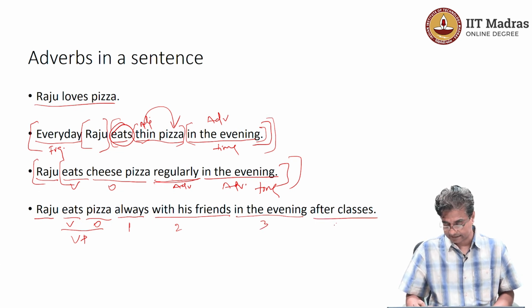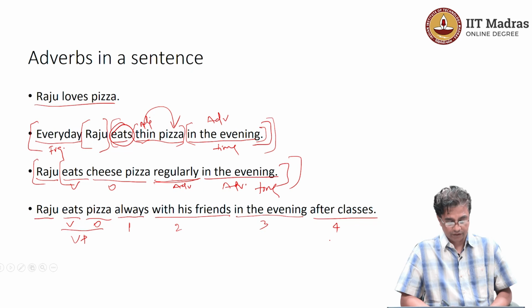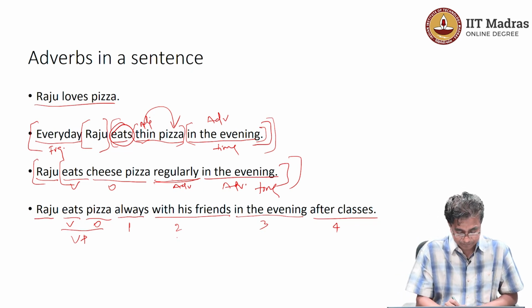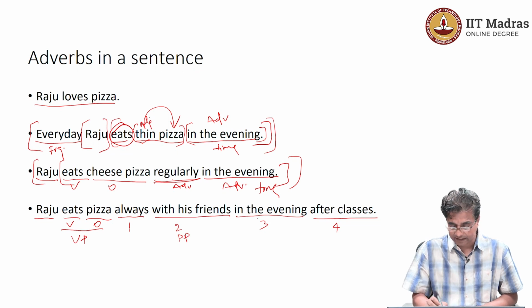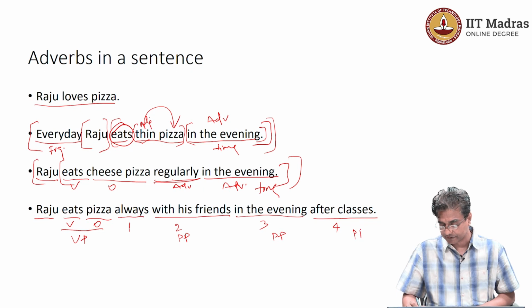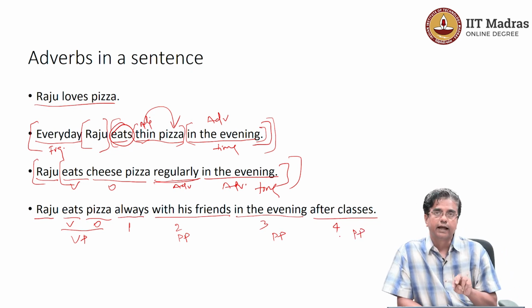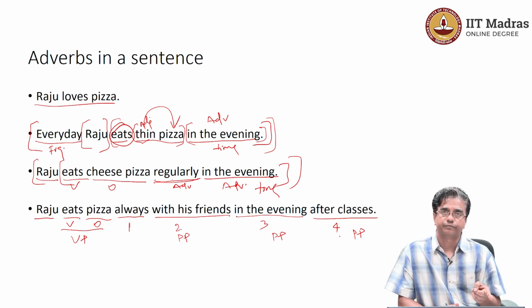After classes, another adverb. So this is a prepositional phrase, with his friends. In the evening is another prepositional phrase. After classes is another prepositional phrase. All of them are adjoined to the verb phrase eats pizza.